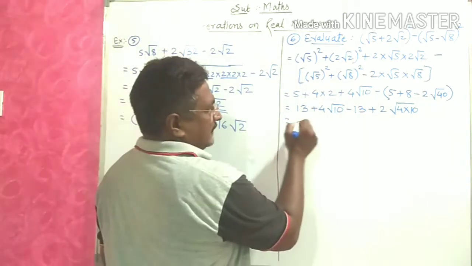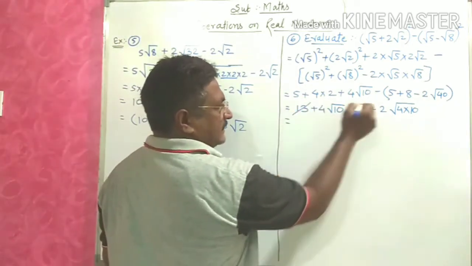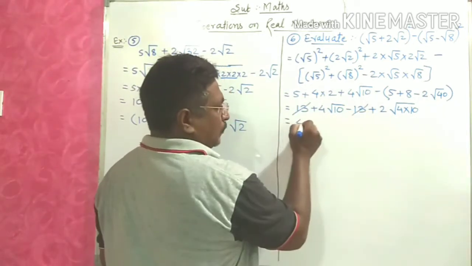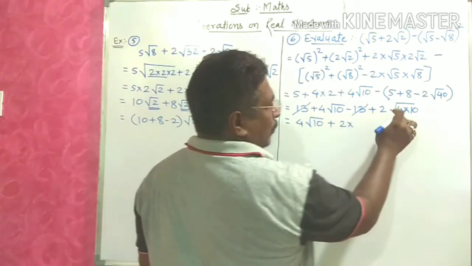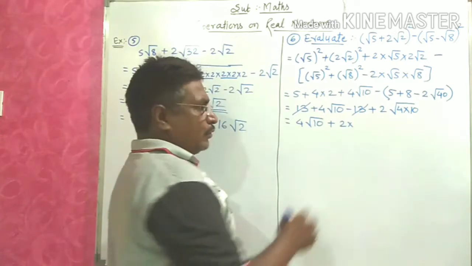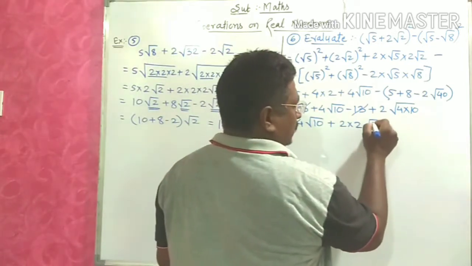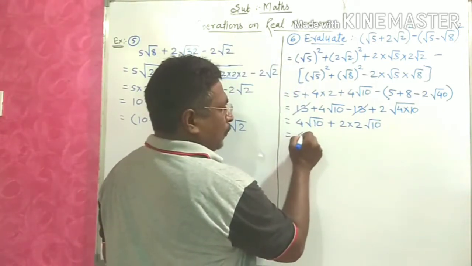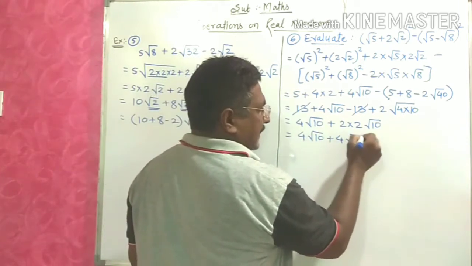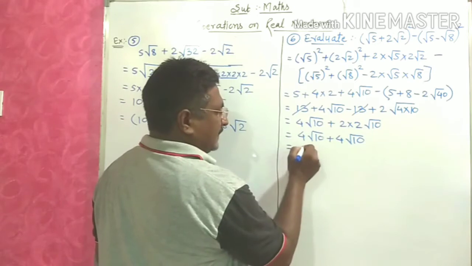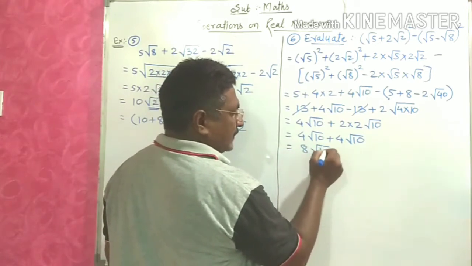So now what will we get? 13 minus 13, 0. So 4 root 10 plus 2 into, what is the square root of 4? 2 root 10. So 4 root 10 plus 4 root 10. So what will we get? 8 root 10.